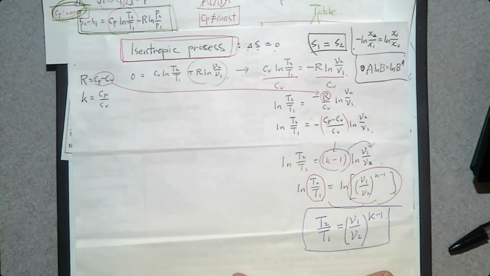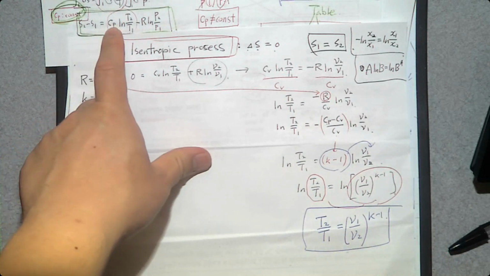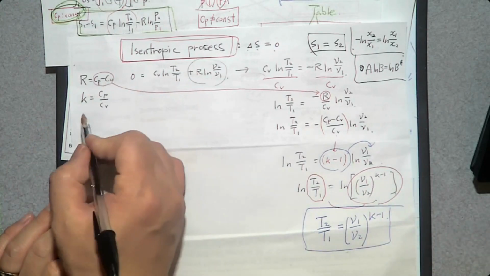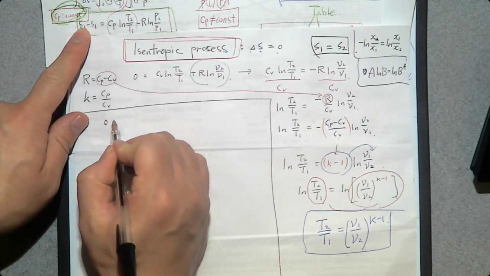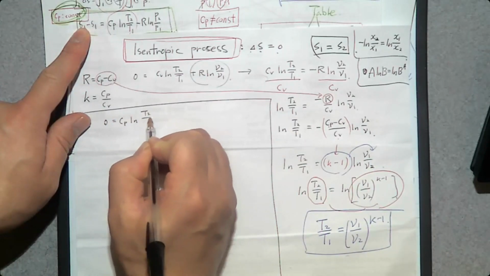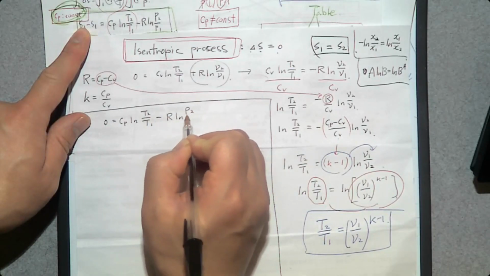Then we have one more equation, this one here. So let's study this equation for an isentropic process. This time 0 is Cp natural log T2 over T1 minus R natural log P2 over P1.